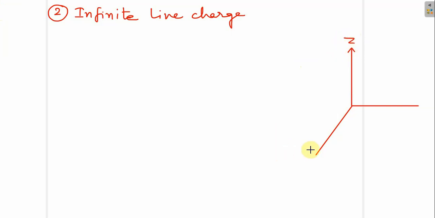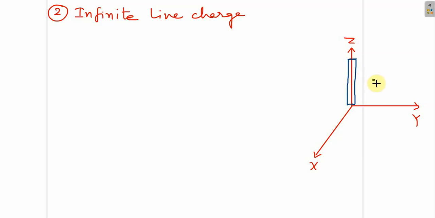So this is Z. Now we are assuming a line charge kept on the z-axis, and due to this charge we have to calculate the electric flux density some point away.